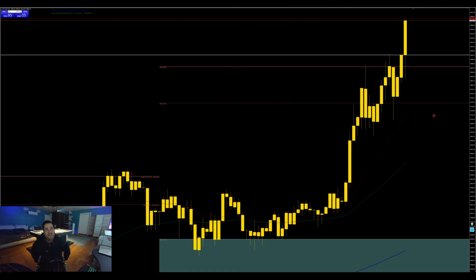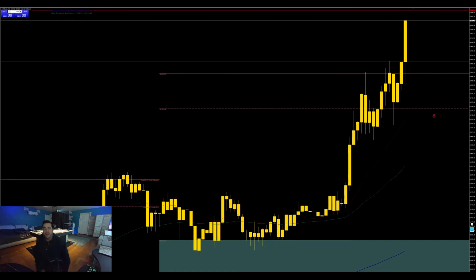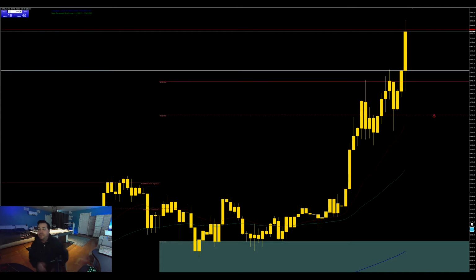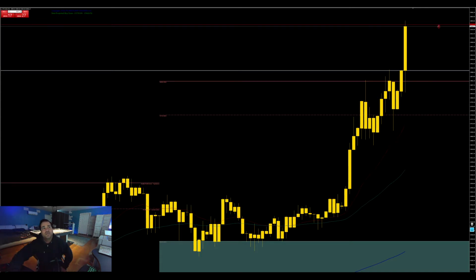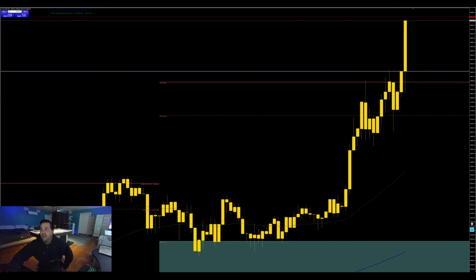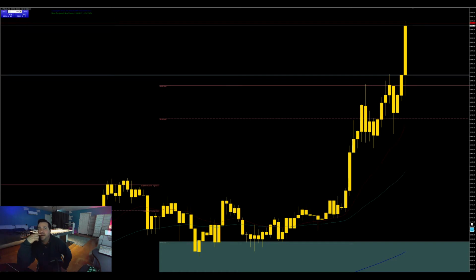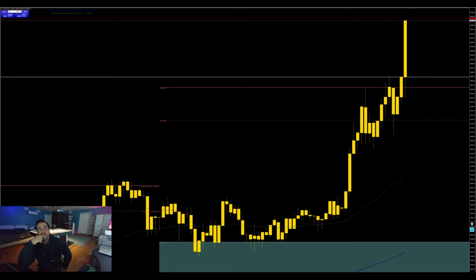Live right here. See if we can maintain this volatility here. Wow. Look at this volatility. 20,150. And it's still heading up higher. Look at that.